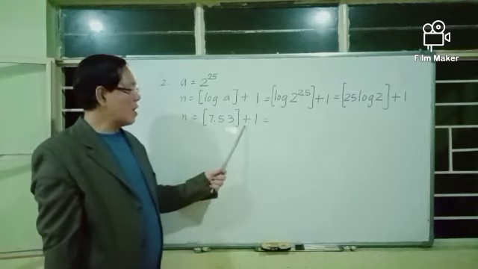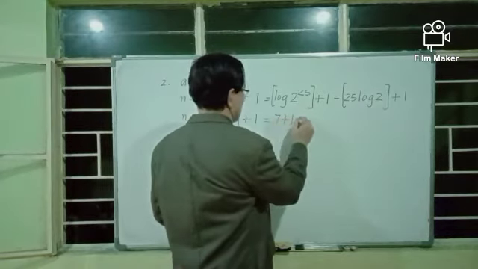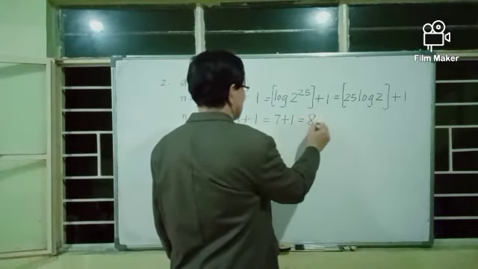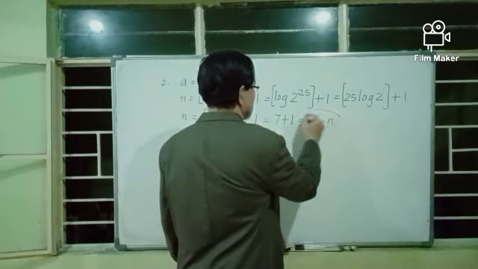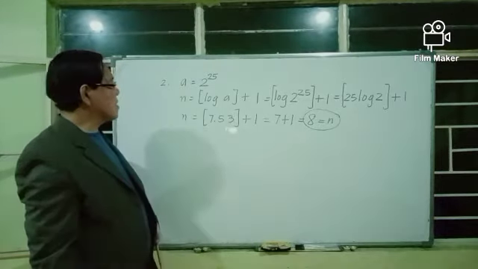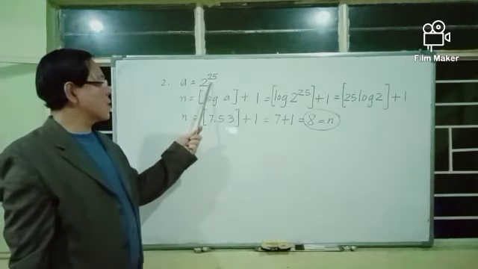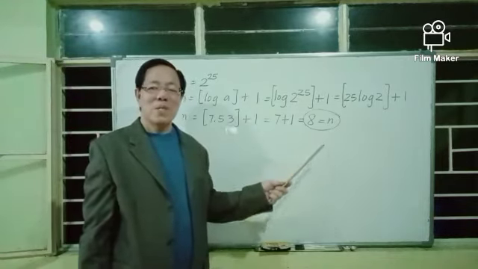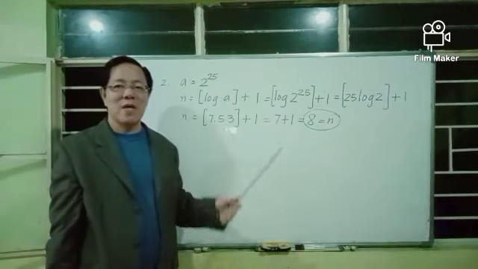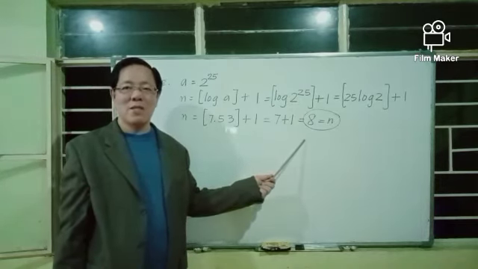And to 7 we add 1, and 7 plus 1 is 8. Therefore, we conclude that the decimal representation of the positive integer 2 to the power 25 has 8 digits. We did not actually write the decimal representation of this positive integer 2 raised to 25, but now we know that its decimal representation has 8 digits.